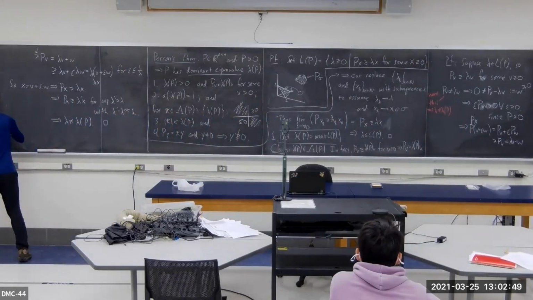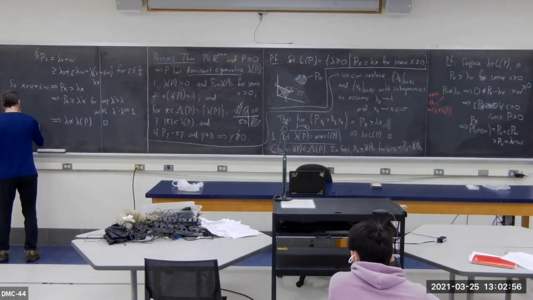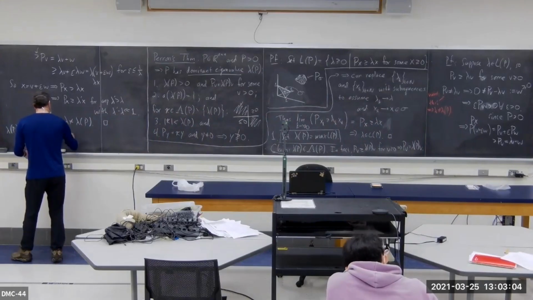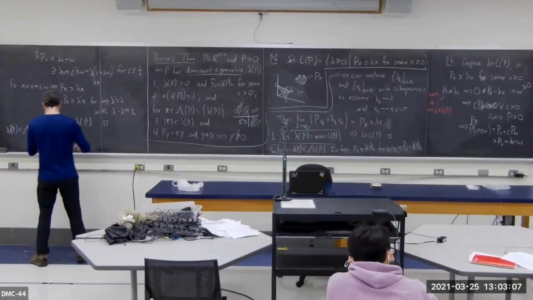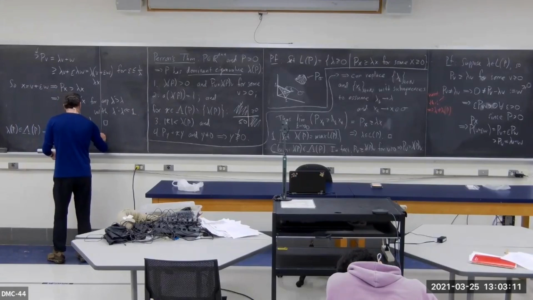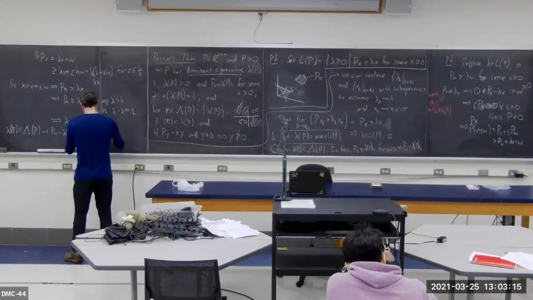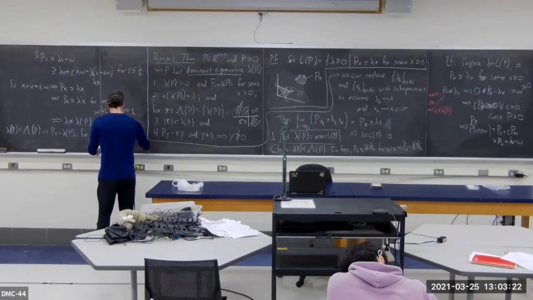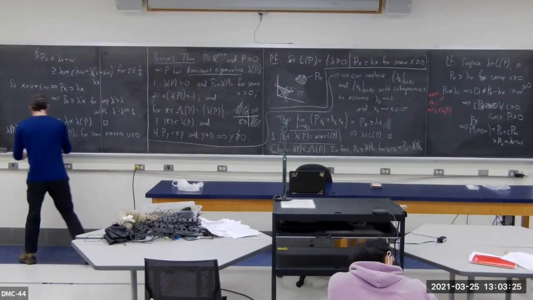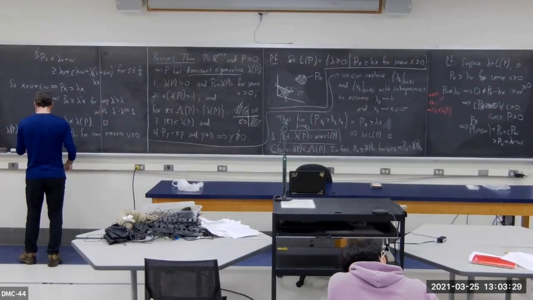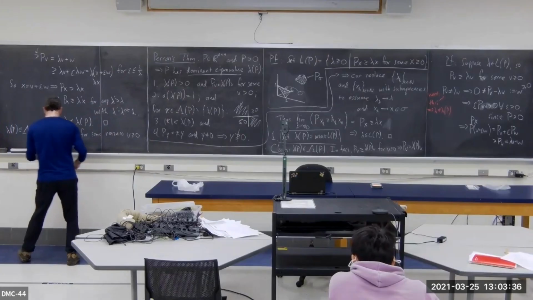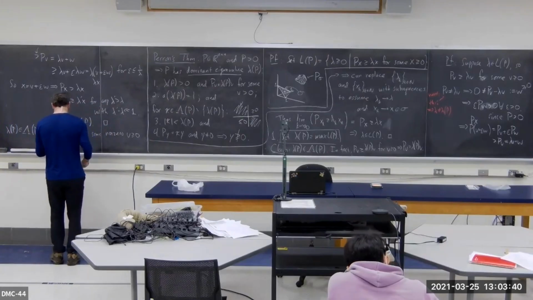So lambda of p is an eigenvalue of p, which implies that PV is actually lambda of p times v, for some non-zero v greater than or equal to 0, and that implies that, because p is bigger than 0 again, lambda of p v is bigger than 0.